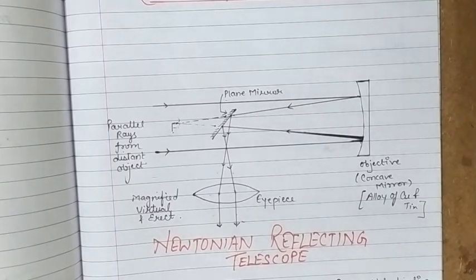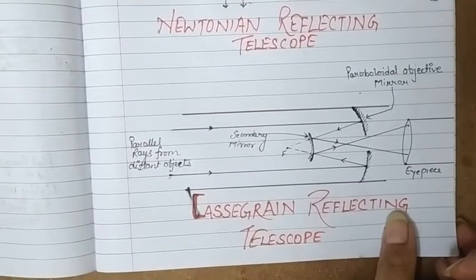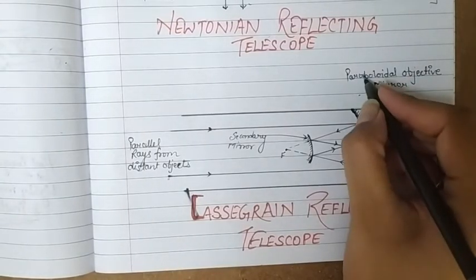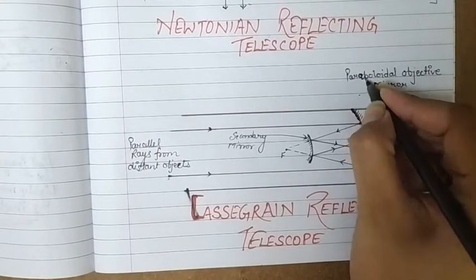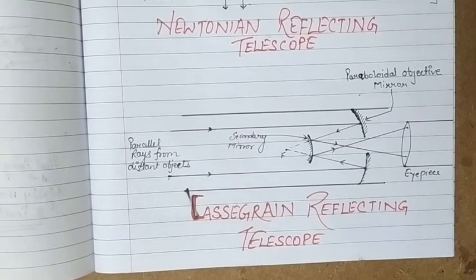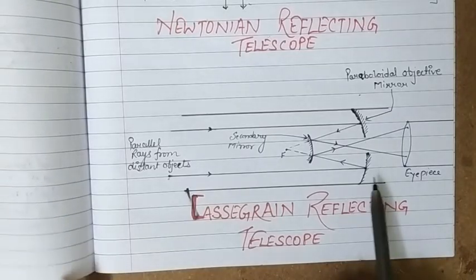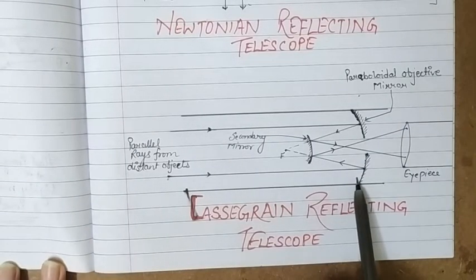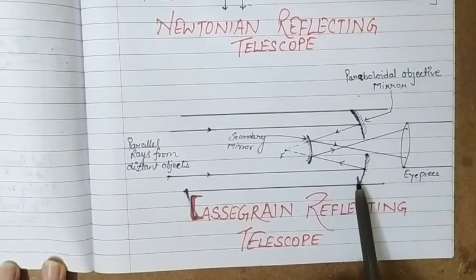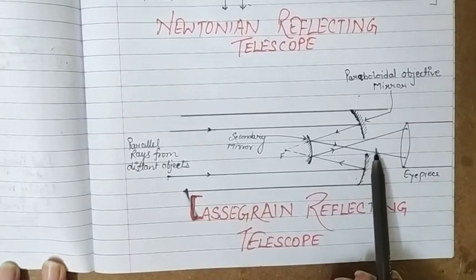Now the second one is the Cassegrain reflecting telescope. This telescope uses a concave paraboloidal mirror. These are parabolic kind of mirrors, that's why we call them paraboloidal mirrors, and these are also concave type. It consists of a large concave paraboloidal mirror, or primary mirror, having a hole at its center.